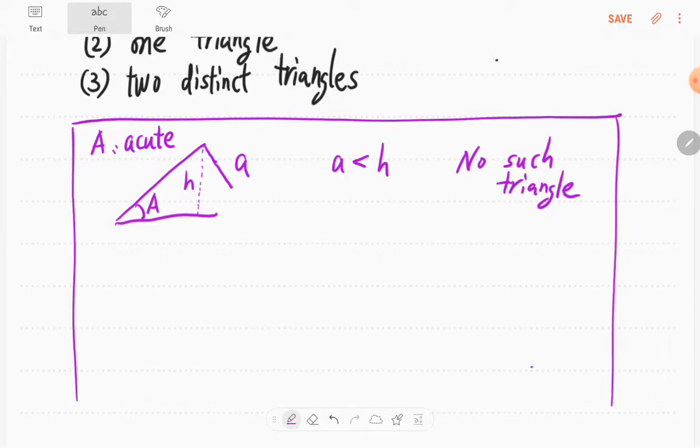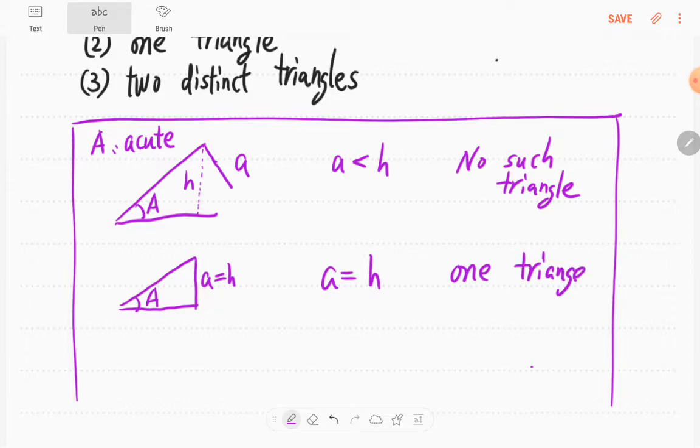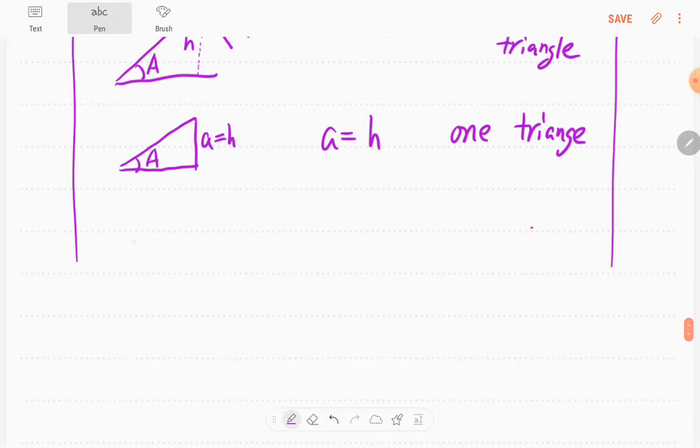If A is equal to h, then you will see that there is only one triangle. If A is greater than h, this is h, this is A, so A could be here or here.